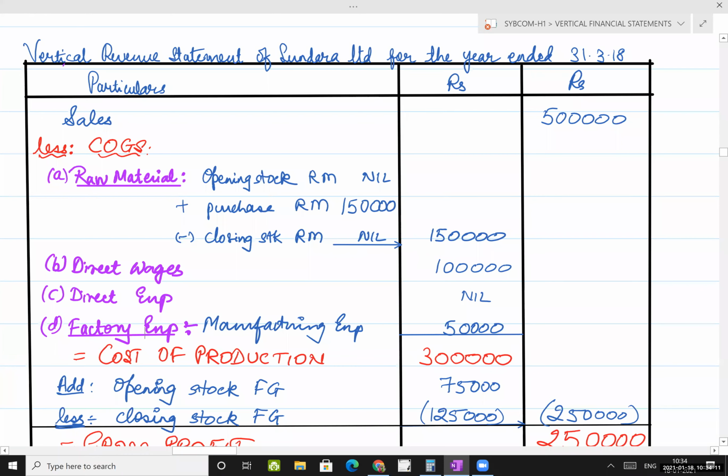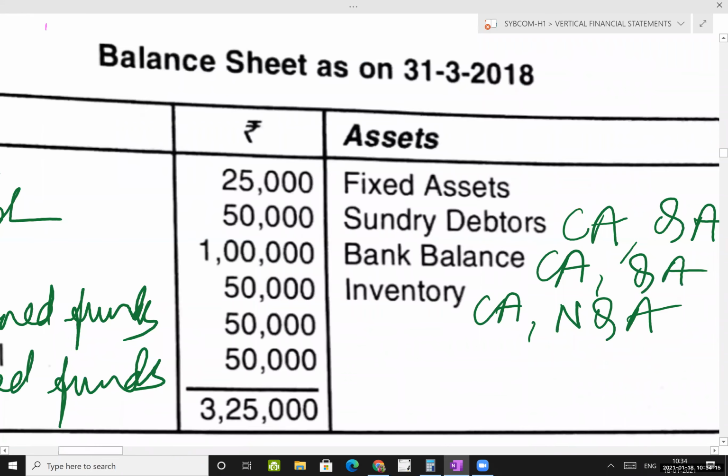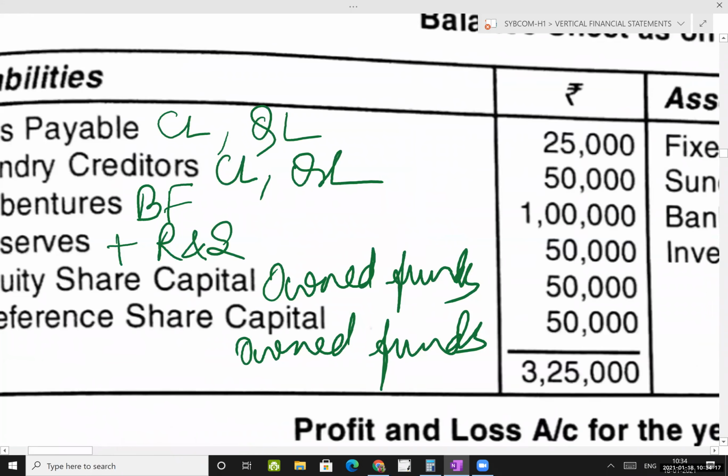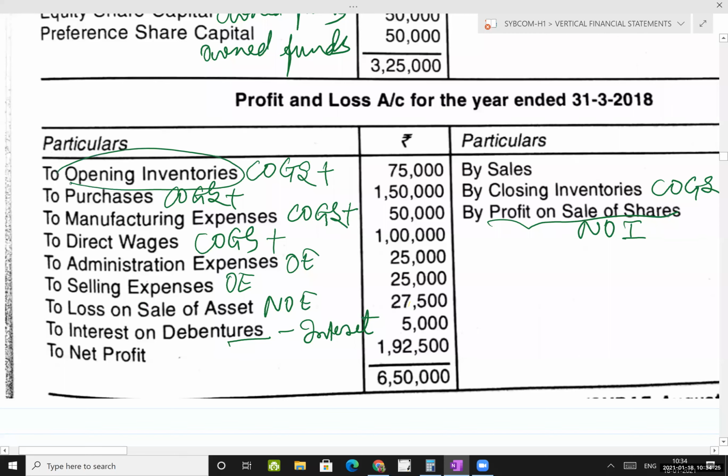Okay, and students listen. Let me take you back to the question. Here are profit and loss. Okay? Here, this is a trading account and P&L. See this opening inventory. This inventory is finished goods. Until they say the words opening stock of raw material, don't assume that. There's always opening stock of finished goods. So after cost of production it will be add less.